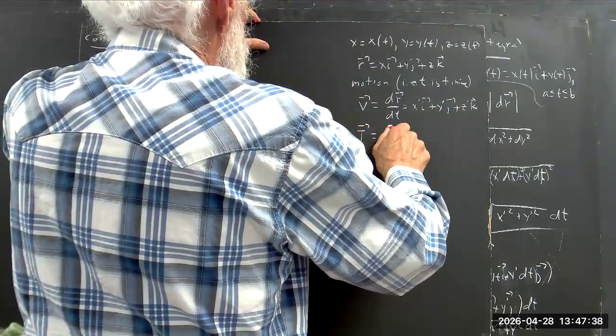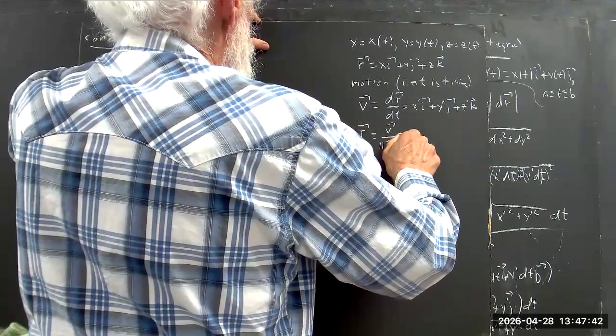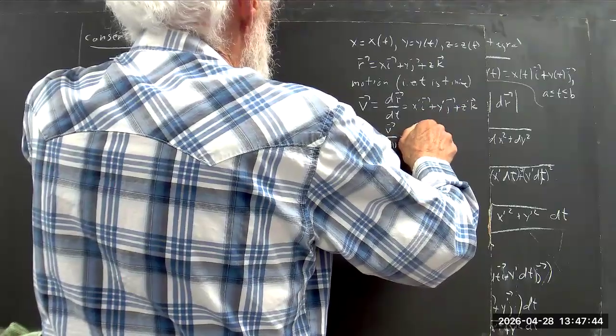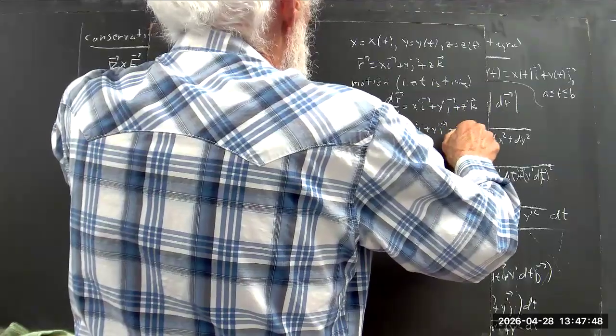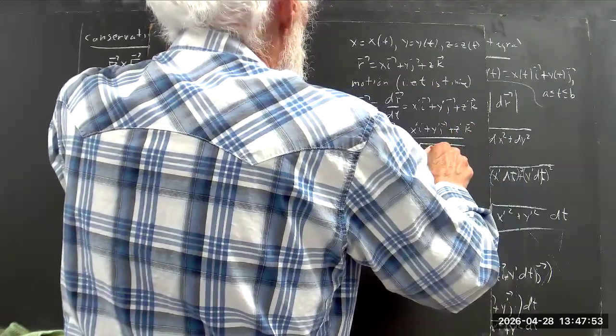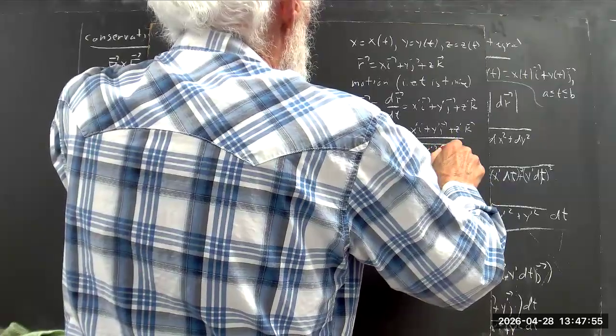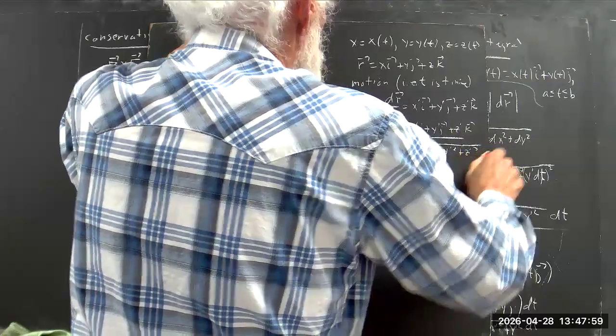The unit tangent vector is v over the magnitude of v, which is x prime i plus y prime j plus z prime k over the square root of x prime squared plus y prime squared plus z prime squared.